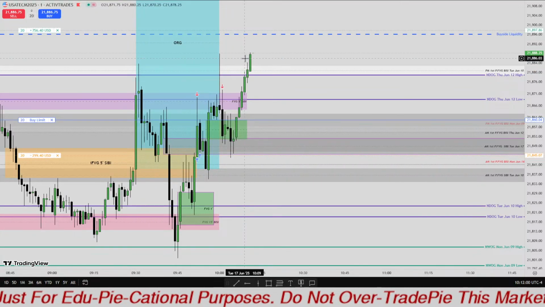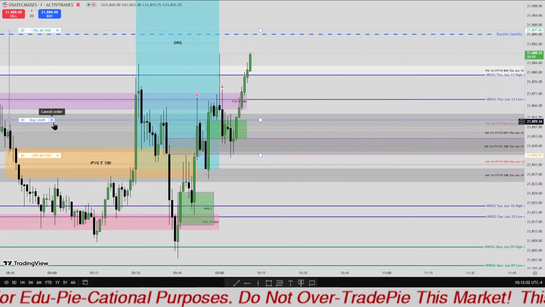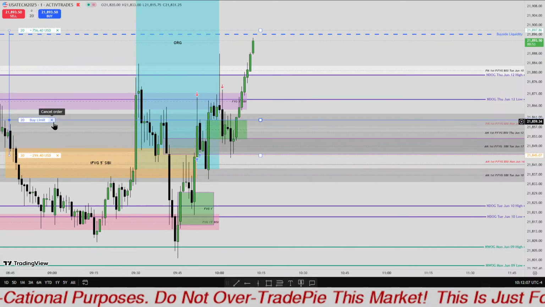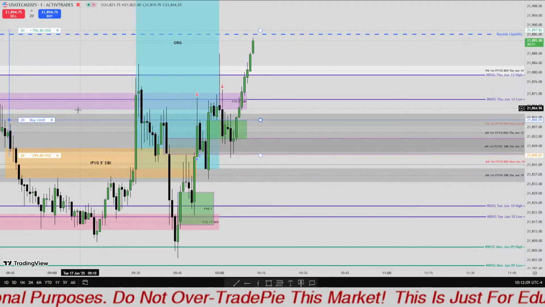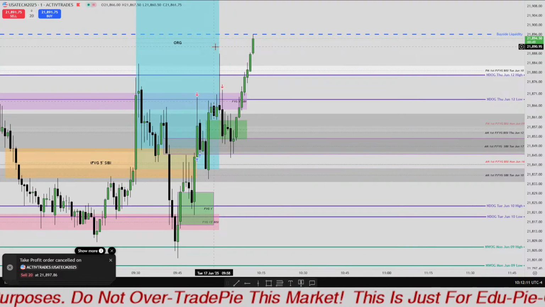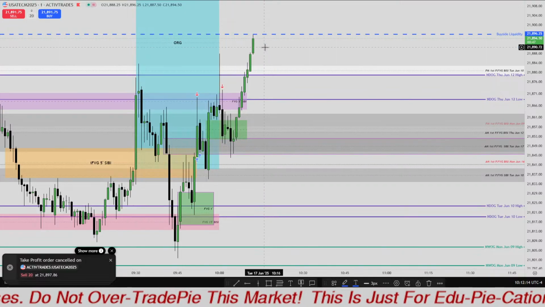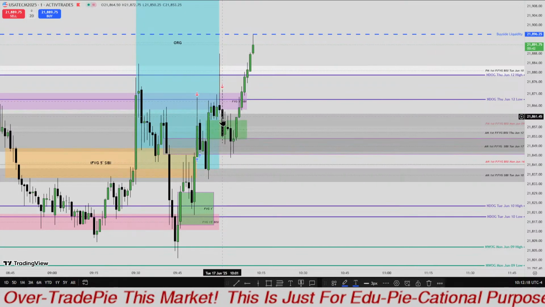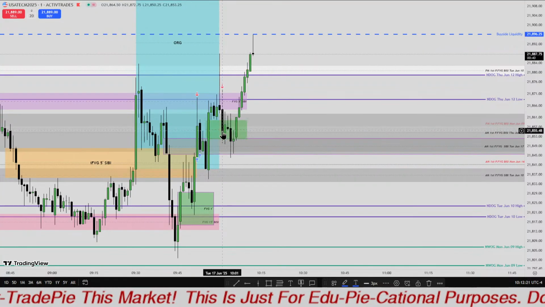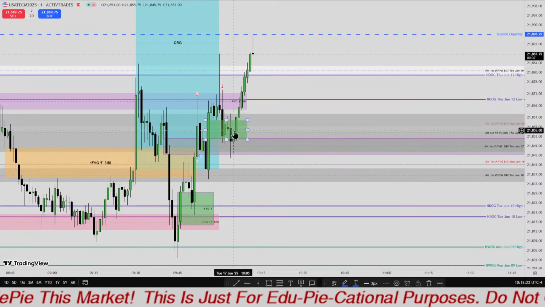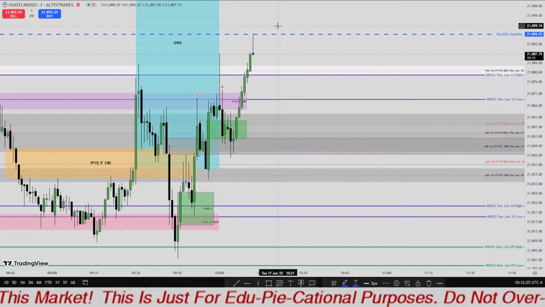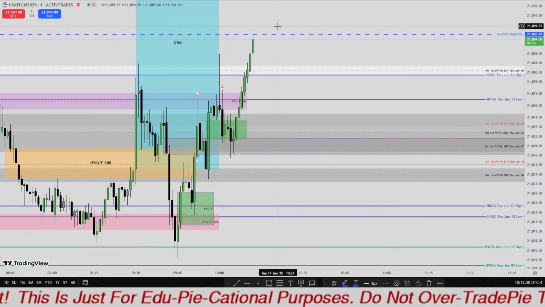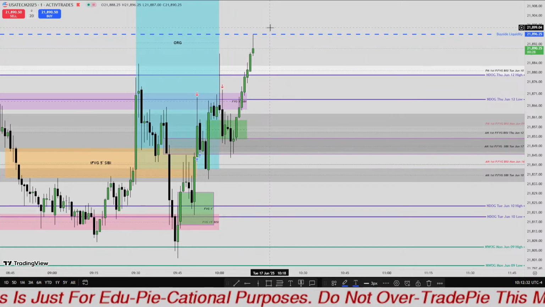Well, at this time I don't think the market is trying to reach lower, and over here we tapped into the consequent encroachment of this open range gap and the buy side liquidity I highlighted over here. Maybe if I wasn't trailing my stop higher over here, I would be in the position and deliver to my target, but things happen and I was rushing a little bit for that.